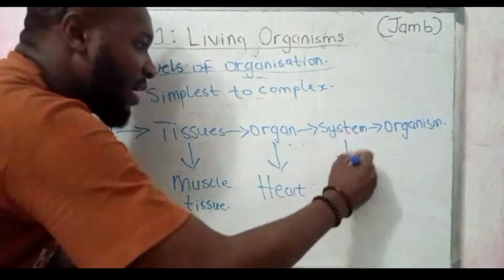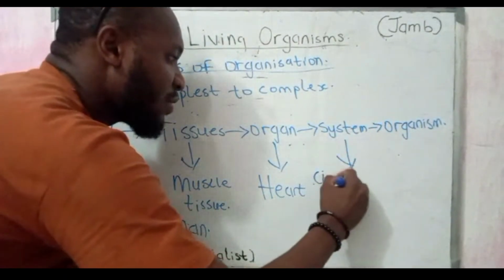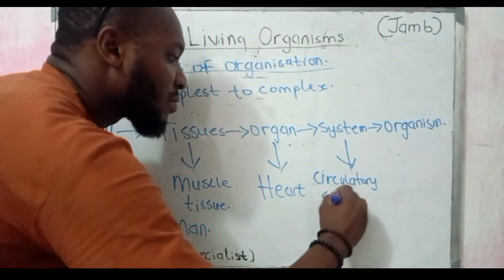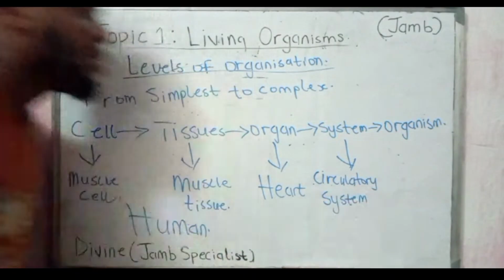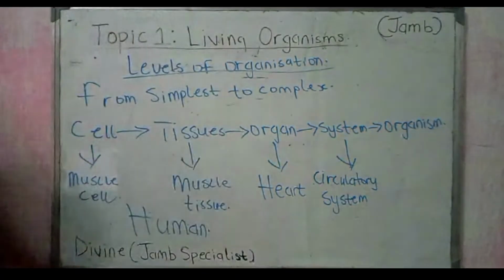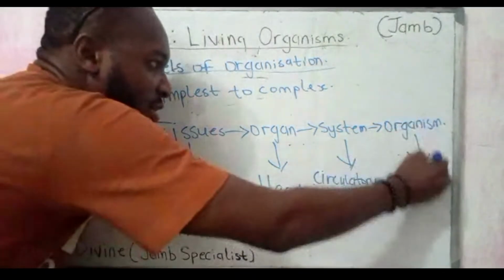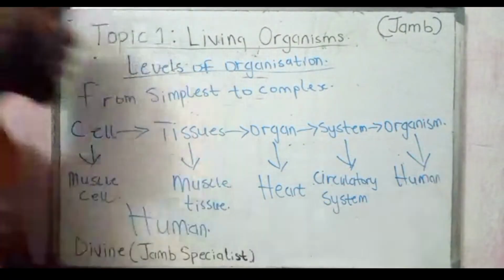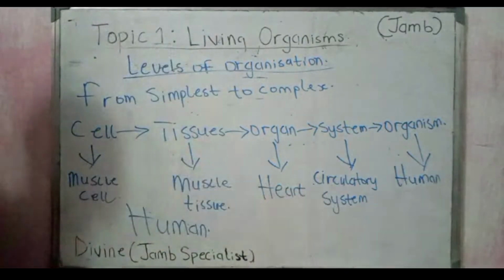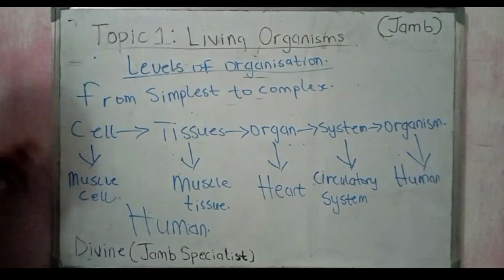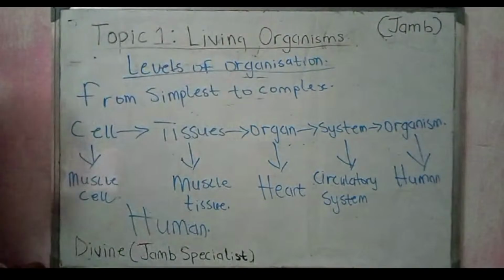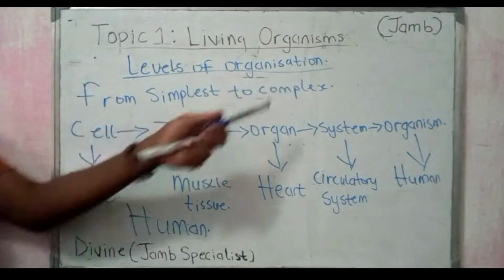One system we have is the circulatory system. And the organism we are using is human. The human possesses a heart, a circulatory system, muscle tissues, and muscle cells. So these are the levels of organization, from the simplest to the complex.